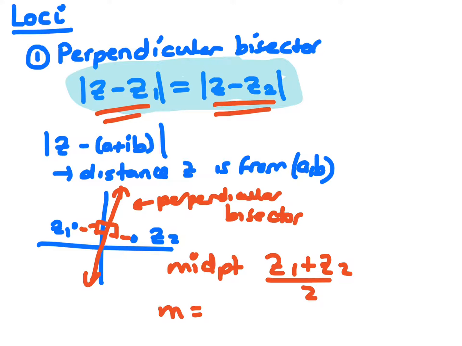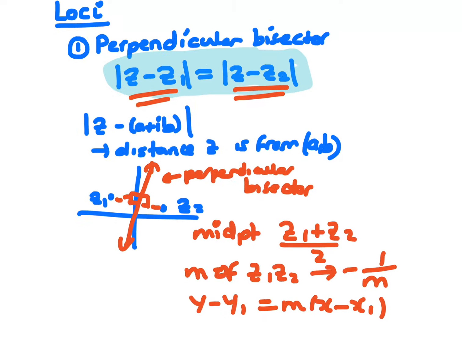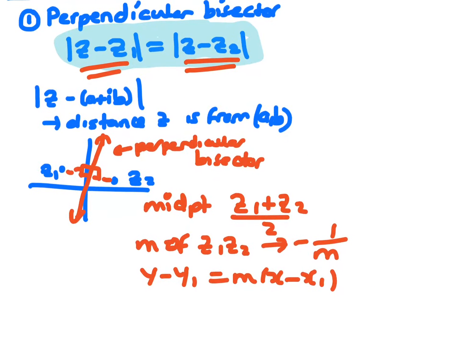You get the gradient of z1 z2, and then you find minus 1 over whatever that gradient is, and that would be the perpendicular gradient, and then just go y minus y1 equals m(x minus x1). That's just one way of looking at it. You could get the actual equation as well, and you do that just by letting z equal x plus iy.